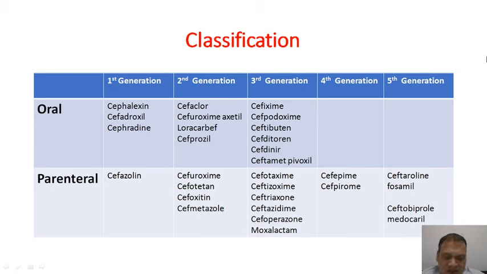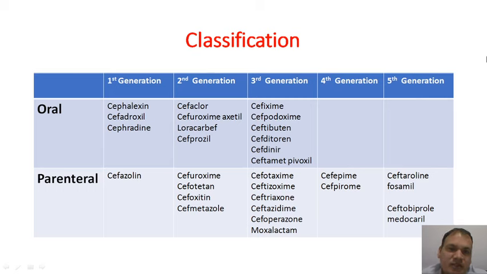For the third generation, they say the antibiotic name ends with ME, ONE or TIME, TEN. So generally it belongs to third generation cephalosporins. Take the example of ME. Among the oral drugs, we have cefixime.